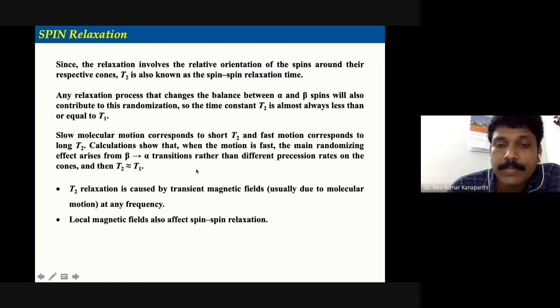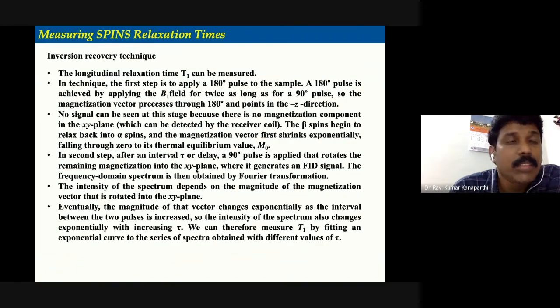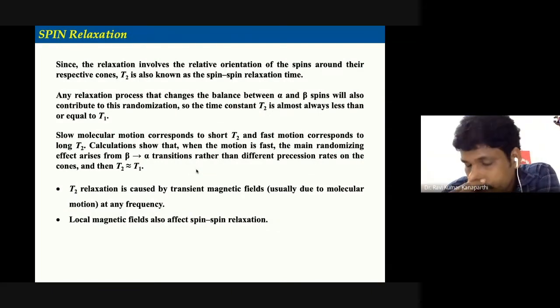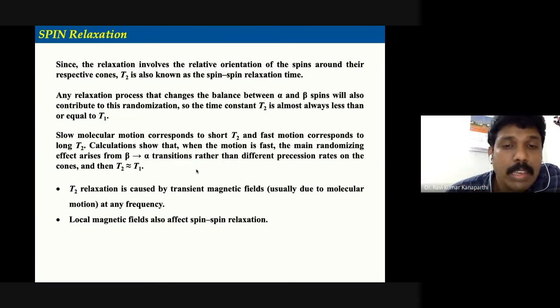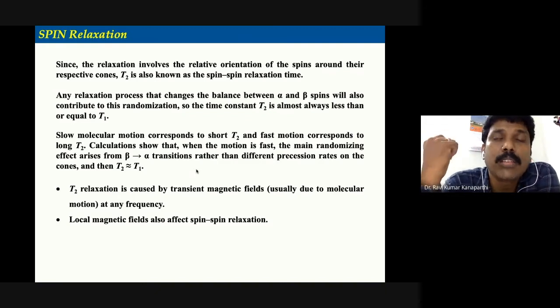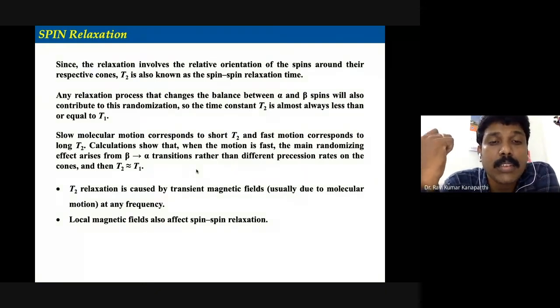I think we will see these topics maybe tomorrow. There are a couple of things that I have to cover. All the discussion I have given was this, and two more topics I have to cover. How to measure T1 and how to measure T2, I will discuss in the next class. There are ways that we can measure or estimate the spin lattice relaxation constant T1.